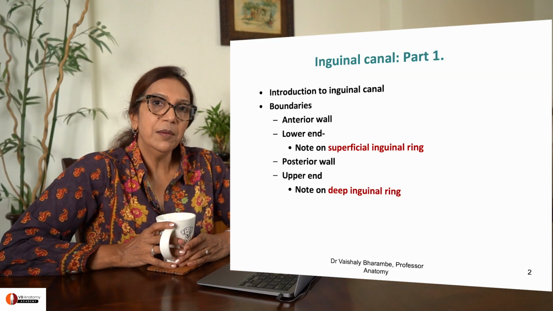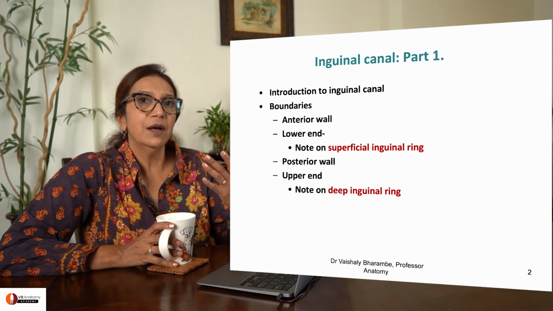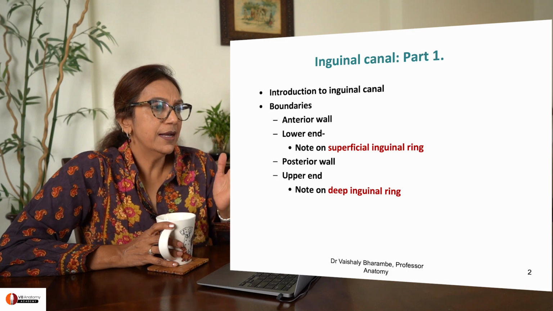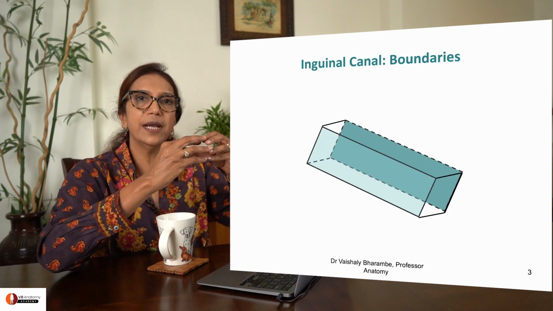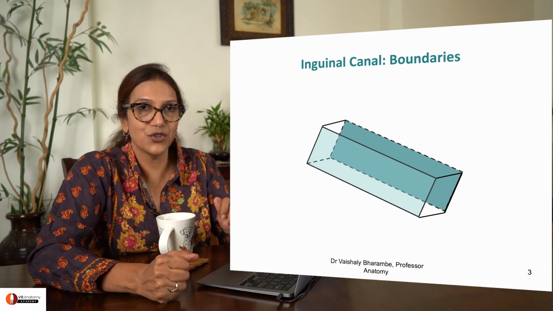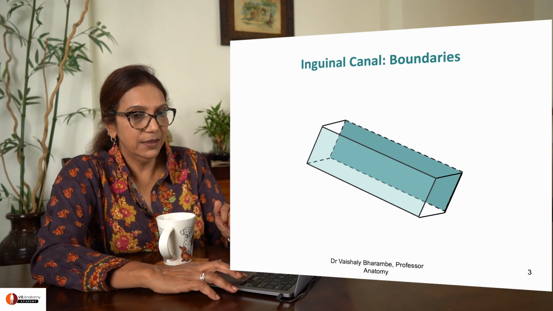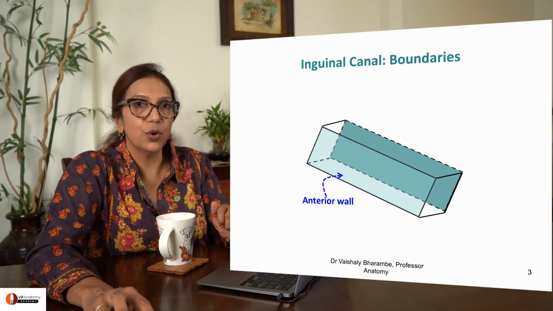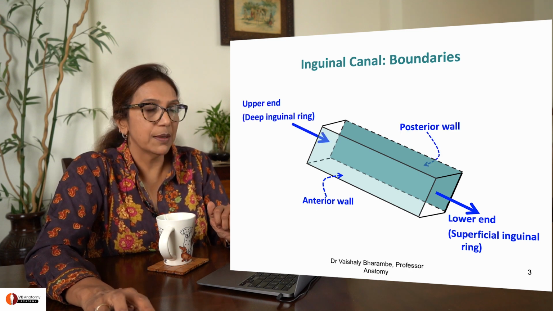Students, in my earlier lecture, Inguinal Canal Part 1, we introduced the inguinal canal and discussed its boundaries, such that we imagined our inguinal canal to be a longitudinal rectangular cuboidal structure. Then we discussed its anterior wall, its lower end, its posterior wall and its upper end.